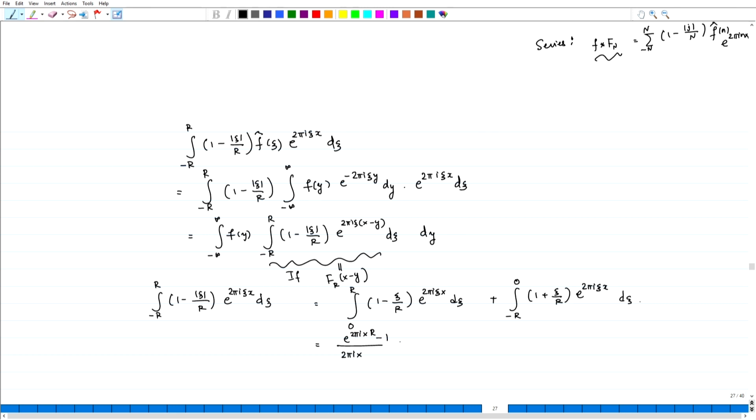So, now in the integration by parts, the 0 part will get killed.